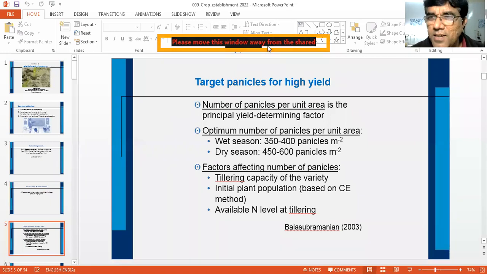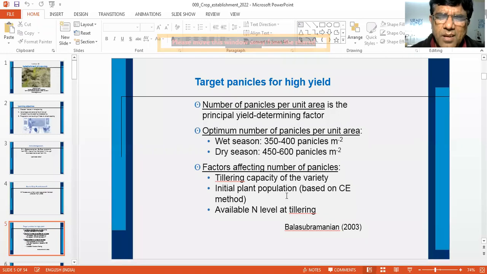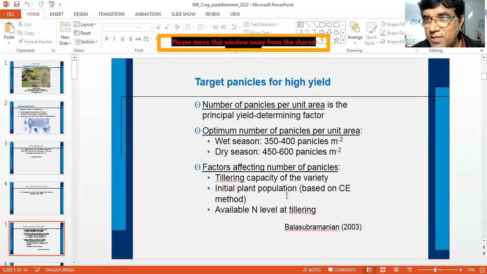So what would be the seed rate under two conditions? For Kharif season or wet season, you will need hardly 10 to 12 kg seed. But if you are planting the same crop in summer, then it will be about 20 to 25 kg.